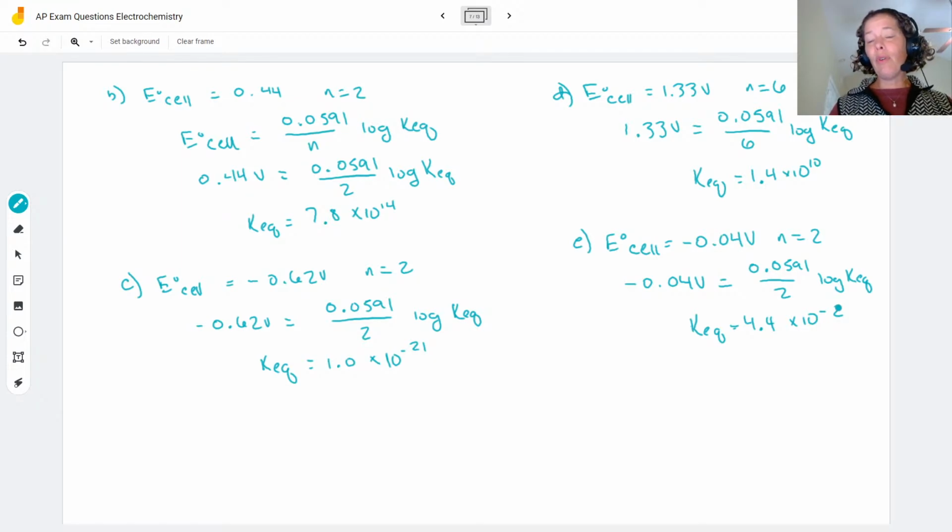So this one was a little bit easier. Again, you just have to make sure that you're getting the right value for n in your equation, because that's going to obviously give you a different Keq. That's kind of the only difficult part, I think, about this. Once you have manipulated the Nernst equation such that Q equals Keq, then you're pretty much set to go.